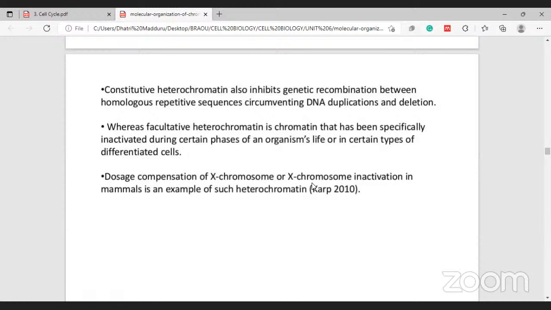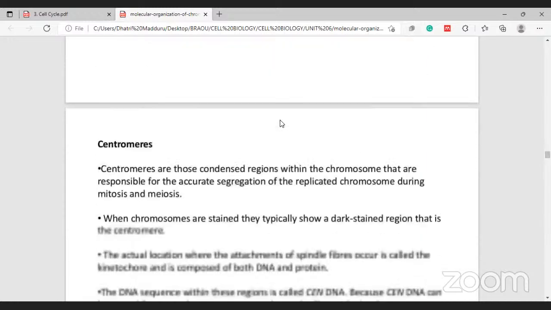If two X chromosomes were active, we should have double the amount of proteins from the genes present on the X chromosome. But usually that is not the case, so one X chromosome will be inactive. This is done by the heterochromatin. This is dosage compensation.